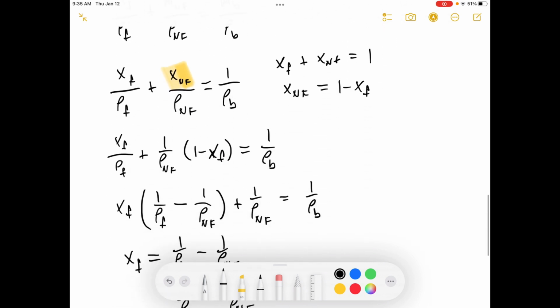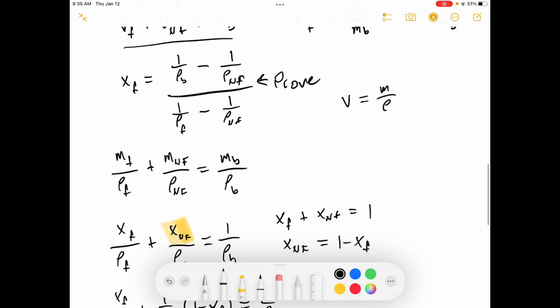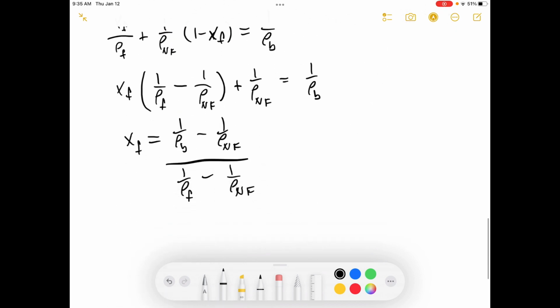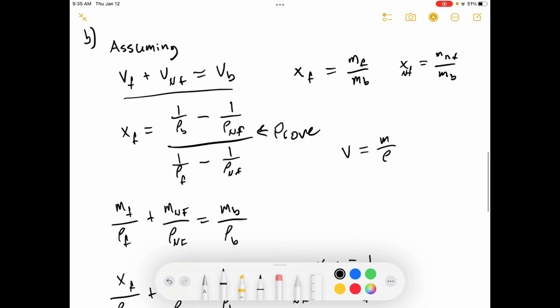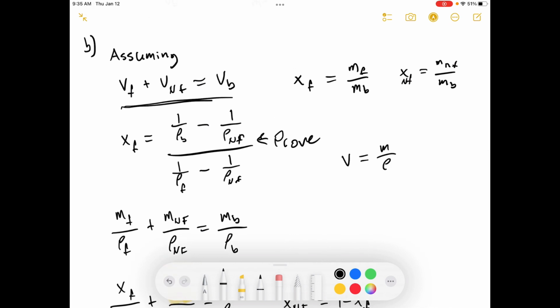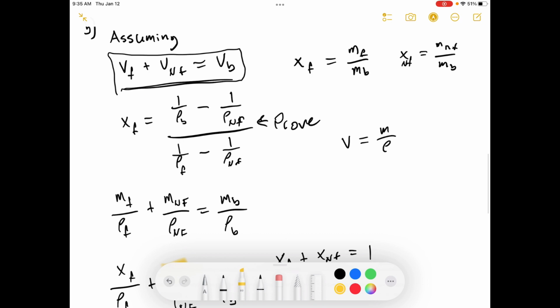Okay, so we've just proved that that's what we're looking for. Yeah, if we start off with this assumption that the volumes are separable, we can arrive at the same proof that this relationship exists.